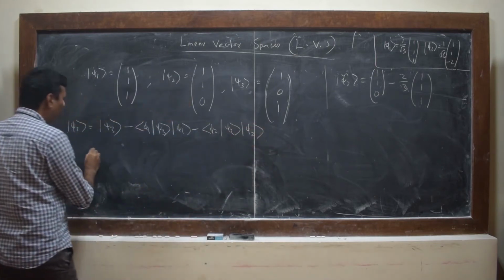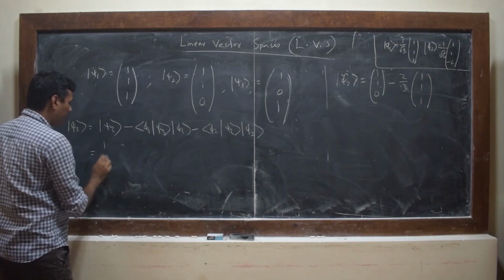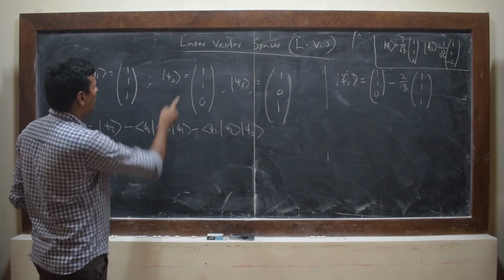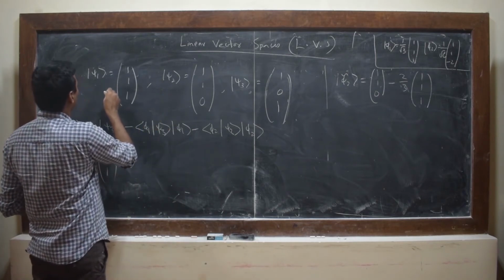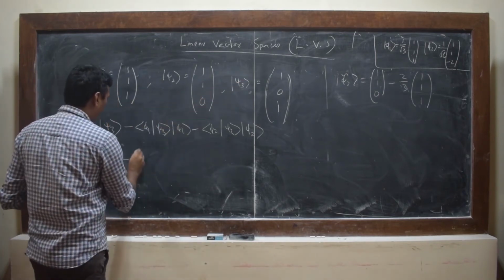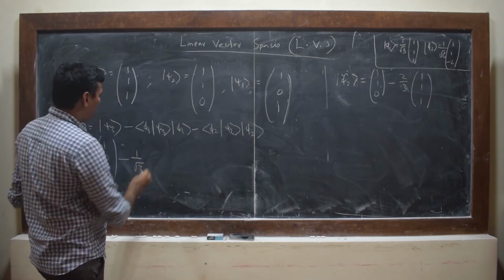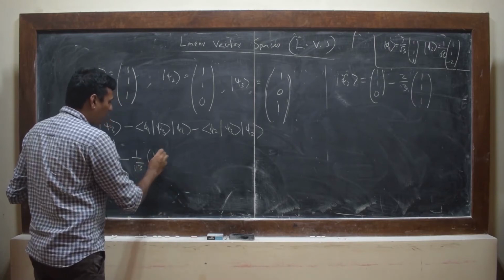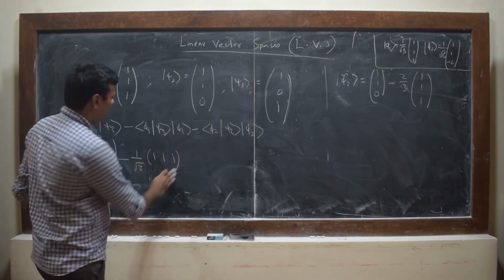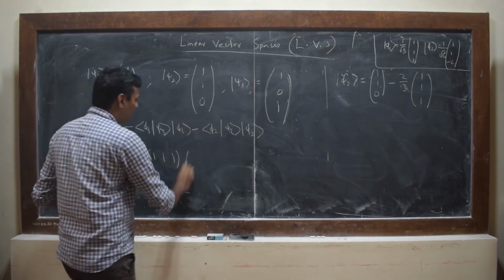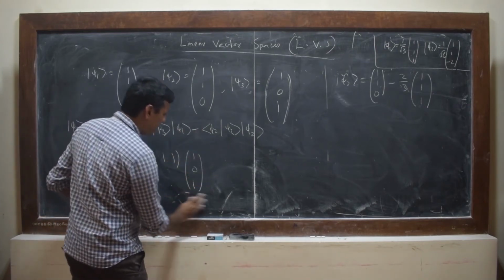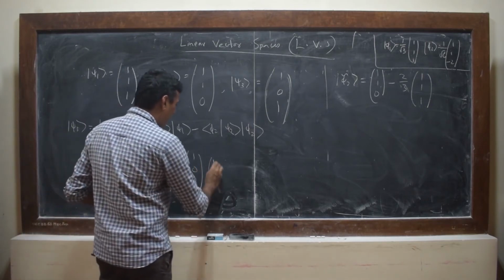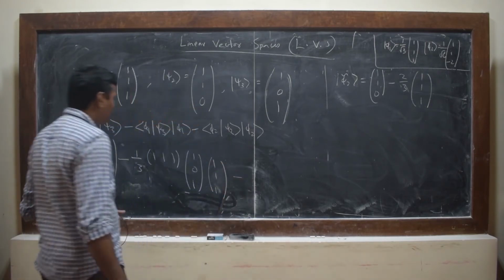Okay. So that is equal to your psi 3, which is (1, 0, 1), minus phi 1. Phi 1 is 1 by root 3 (1, 1, 1). Sorry, it will be a row vector, (1, 1, 1), and then your psi 3 is (1, 0, 1) into phi 1. So that makes it as 1 by 3, and you will have a (1, 1, 1) here.